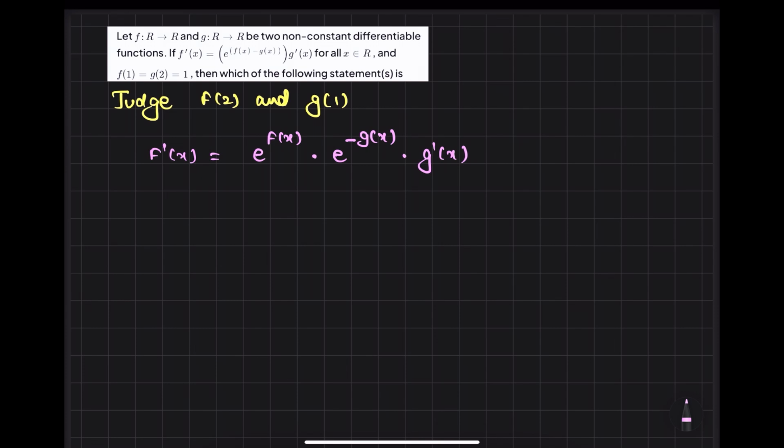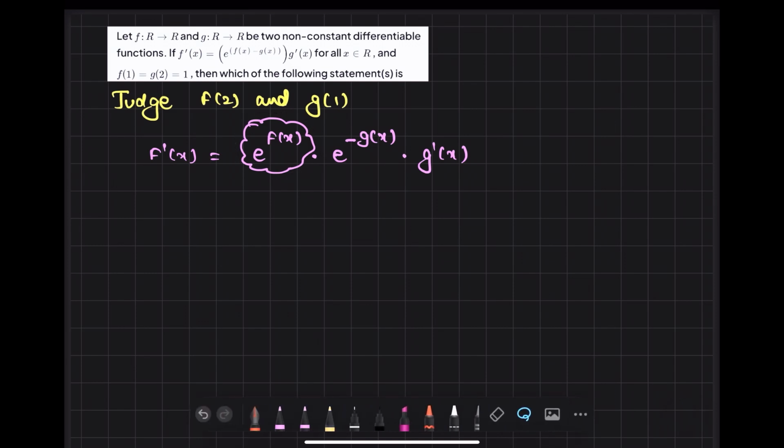Now look at this. What I want to do, I want to segregate f and g. So for that I have to send this thing on the left hand side. So the point is, look at this.